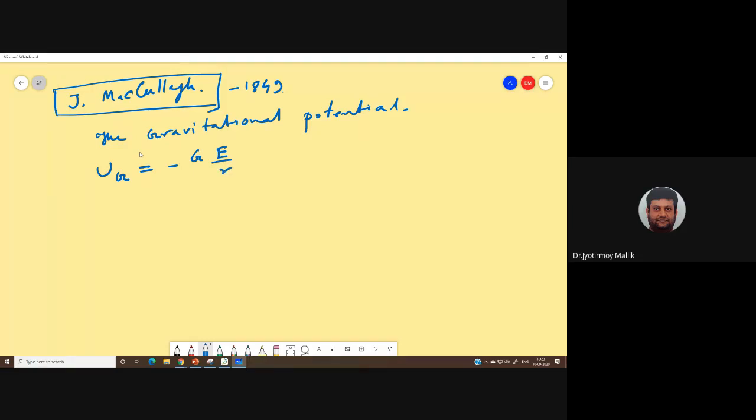We have already deduced that gravitational potential is equal to minus GM by R, where M can be replaced with E, the mass of the Earth.